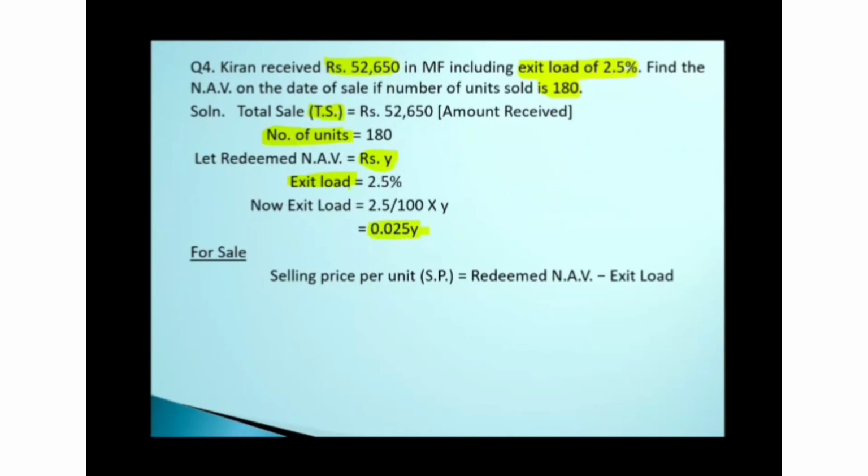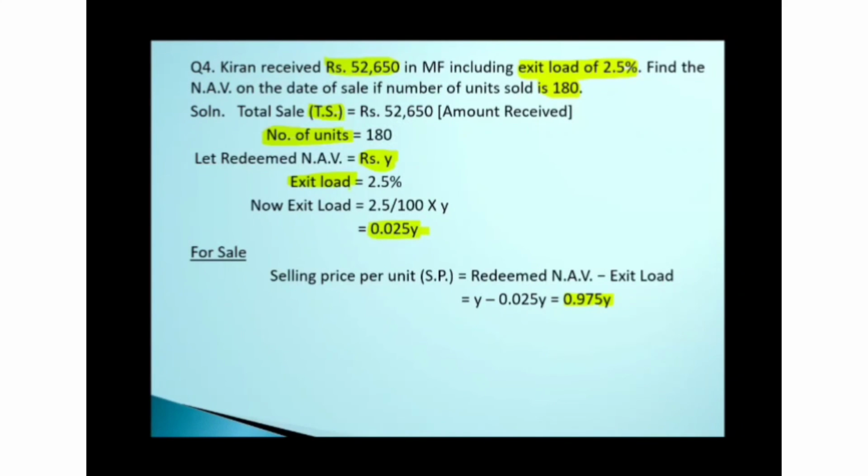So the answer for your SP is 0.975. The Y means 1Y, and by default its coefficient is 1. So 1 minus 0.025 gives you 0.975, and Y stays as it is. So this is your SP.